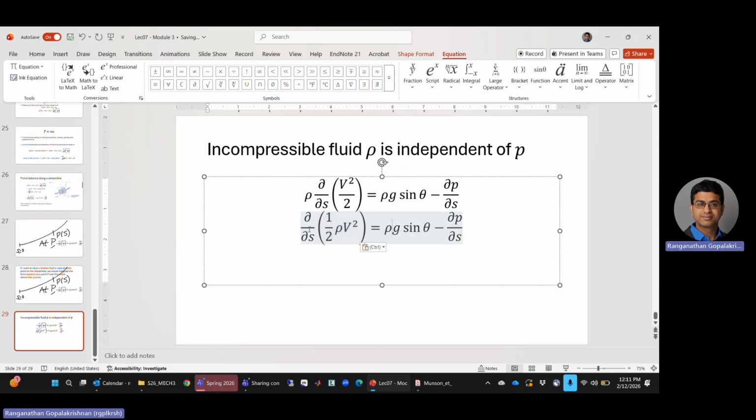The derivative of 1/2 rho v squared equals rho g sine theta minus the partial derivative of p over s. This is the relation that's valid at an arbitrary point P.